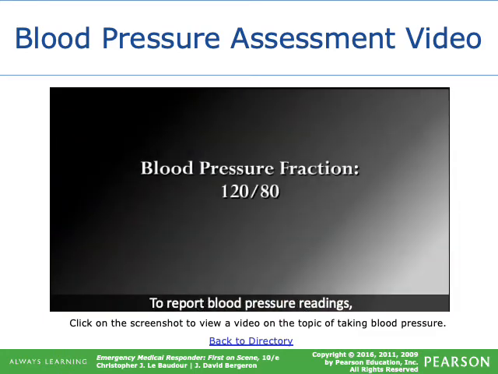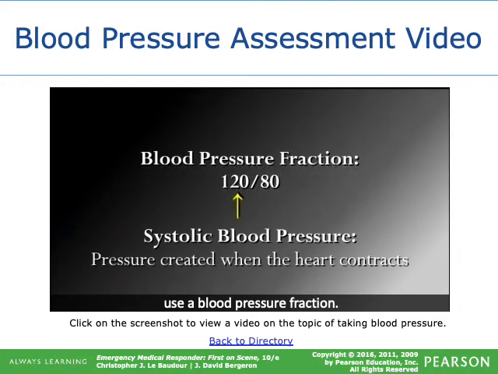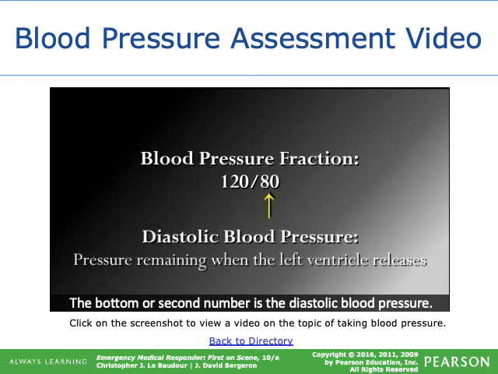To report blood pressure readings, use a blood pressure fraction. The top or first number reported is the systolic blood pressure. This is the pressure created when the heart contracts and forces blood into the arteries. The bottom or second number is the diastolic blood pressure. It measures the pressure remaining in the arteries when the left ventricle releases and refills, or the residual pressure in the system.